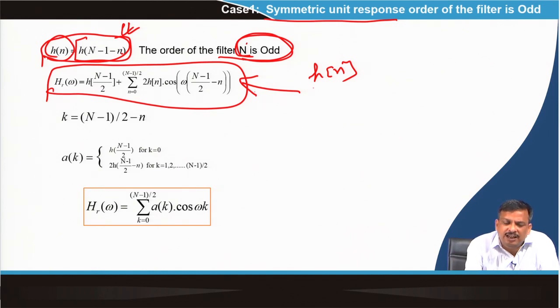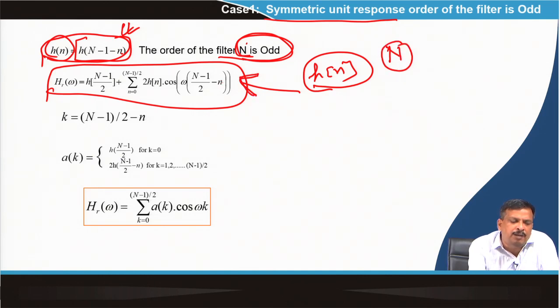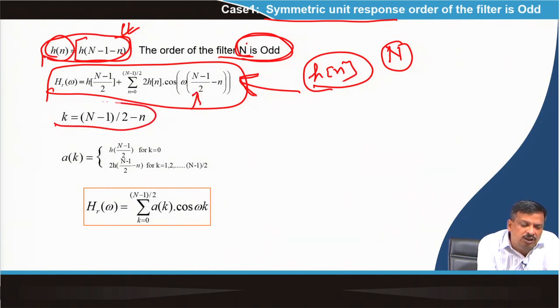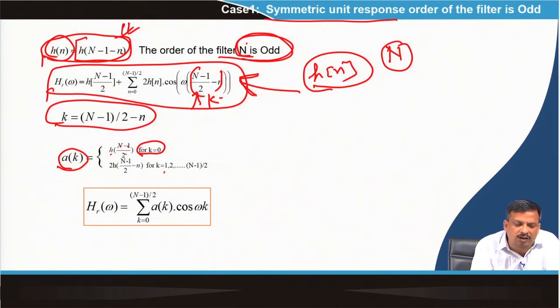So if h of n is my impulse response which is symmetric and the order N is odd, then this will be my frequency response. Now, in this equation, if I make this part equal to k, then I can define alpha k, which is equal to h of (N minus 1) by 2 for k equal to 0, and for k equal to 1 to (N minus 1) divided by 2, it is 2 h of (N minus 1) by 2 minus k.